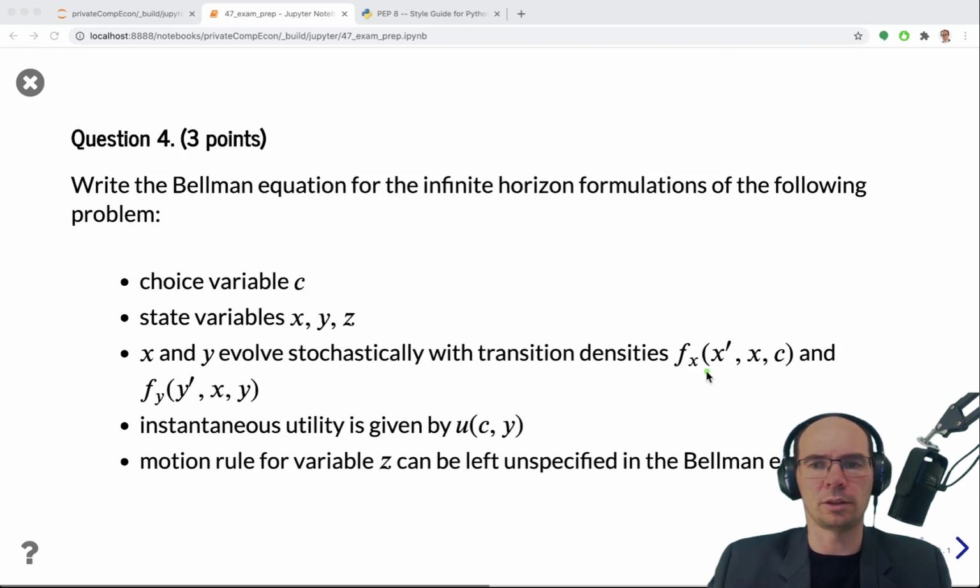You should realize that the infinite horizon means that we don't have time subscripts, and instead the next period variables are usually marked with these primes. And so this basically gives us the PDF for the transition of x prime and of y prime, which are conditional on the other variables, and they should go into the calculation of the expectation in the Bellman equation, right?